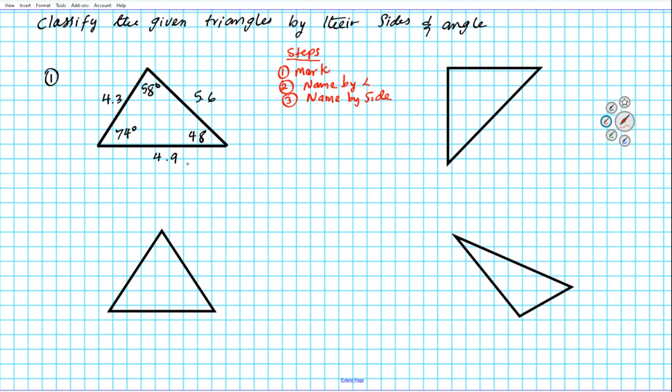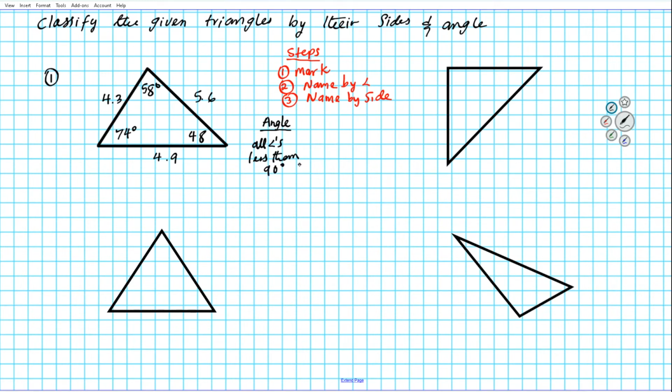So let's take a look at the triangle in number 1. Okay, so if you look at the side measures, all the side measures are different. So we don't have to mark them because no two pairs are congruent. All the angles are different in measure, so there's nothing to mark here. So if we want to name it by angle, what do we notice? All the angles are less than 90 degrees.